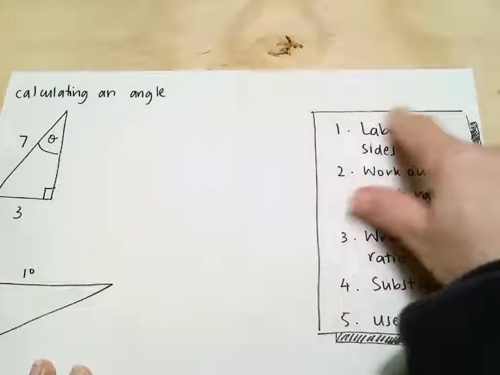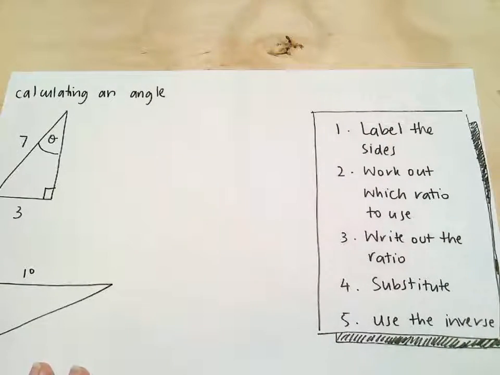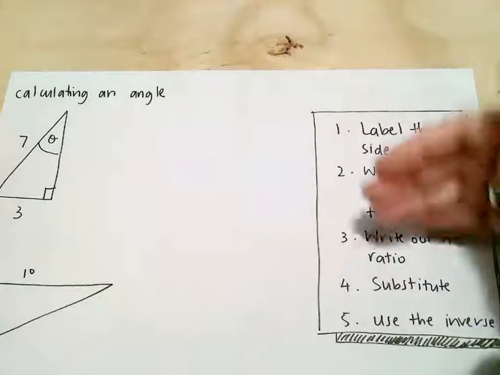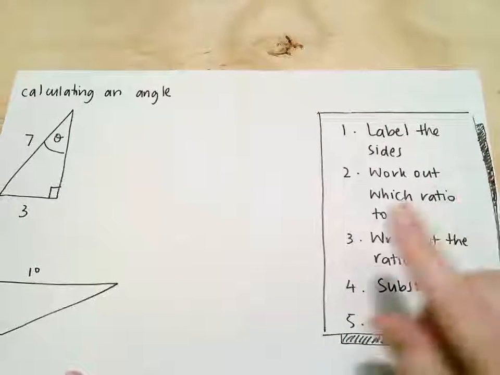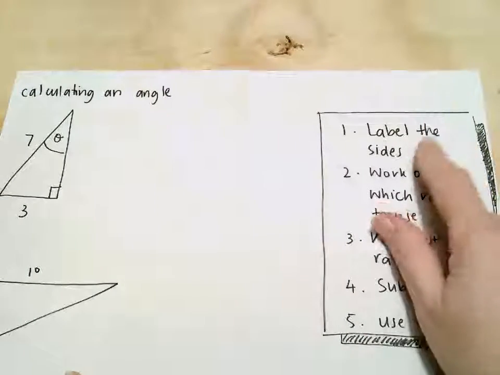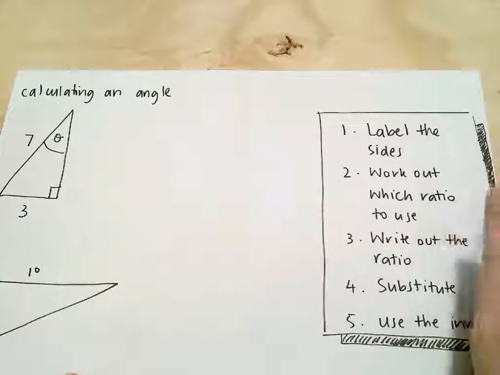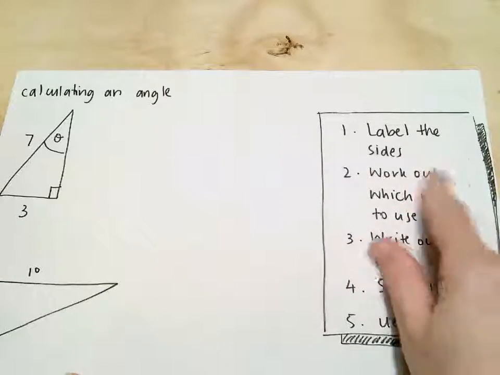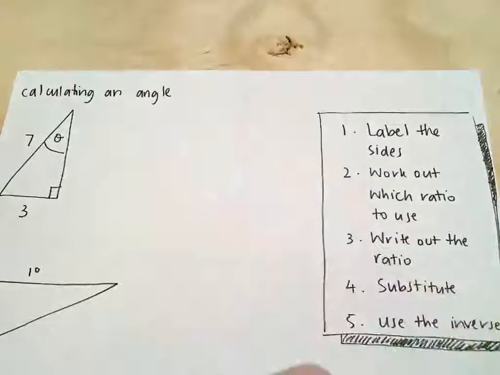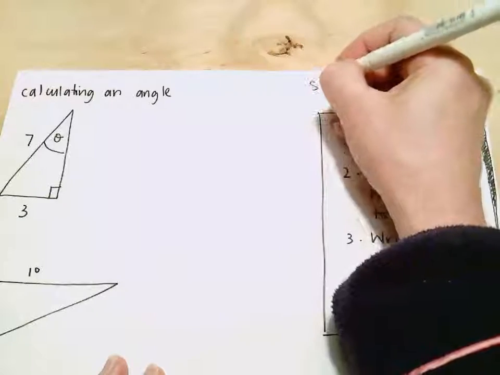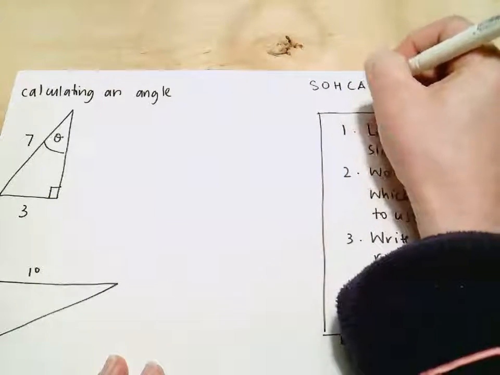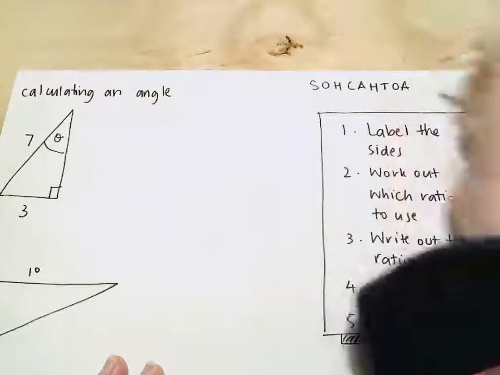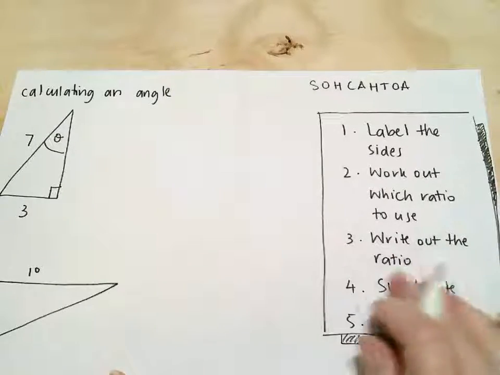The first step in any of these questions is to label the sides. If you have to draw a diagram, that would be a step before it, but oftentimes the diagram's given. So you label the sides, opposite, hypotenuse and adjacent. Then you're going to work out which ratio you'll use, and to do that, of course, you're going to use SOHCAHTOA. Once you've worked it out, you're going to write out that ratio.